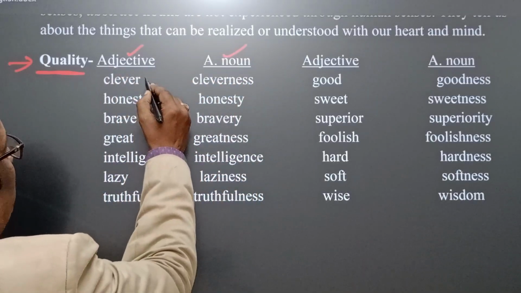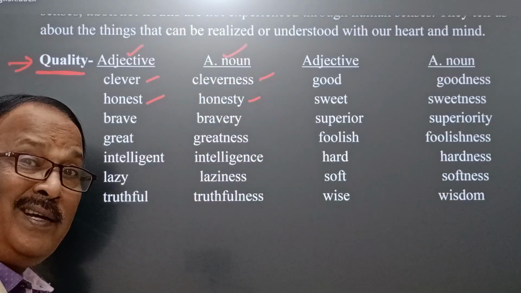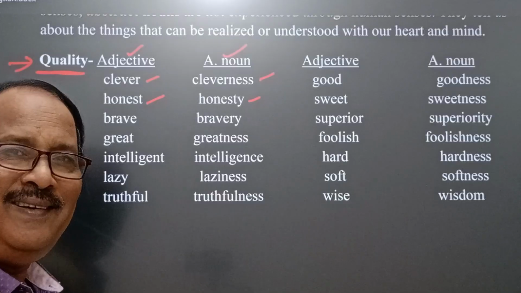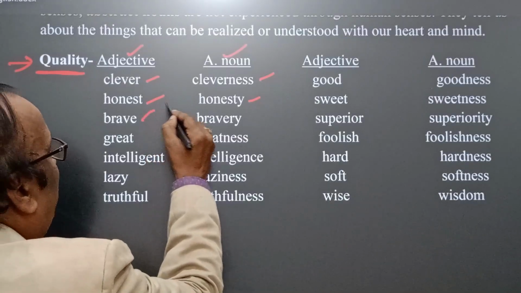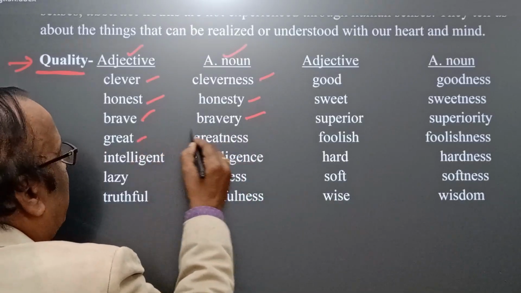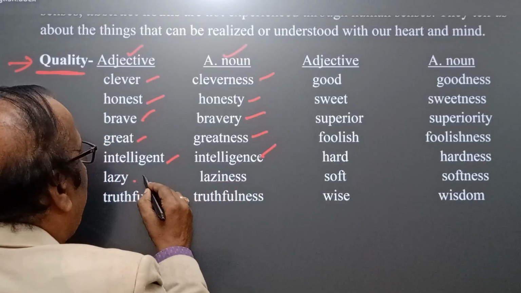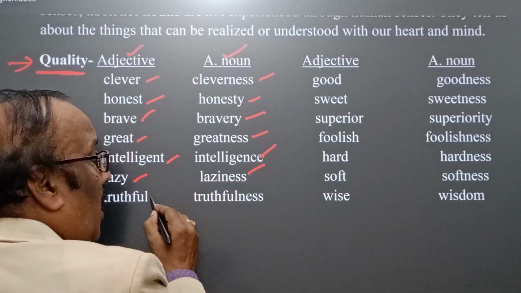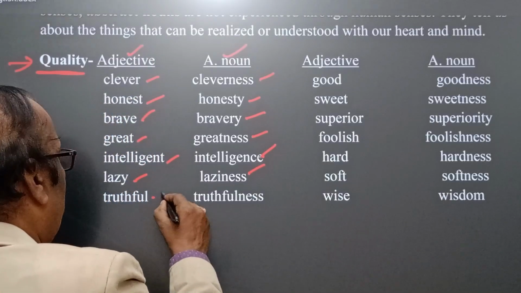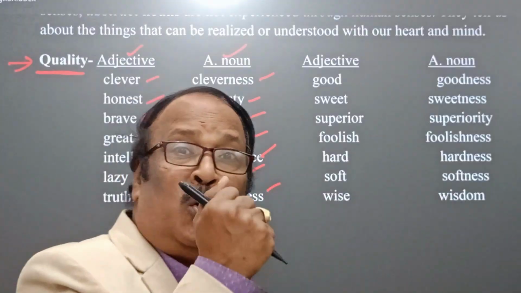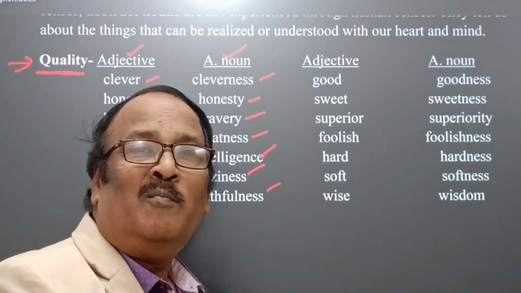Similarly, honesty is the best policy. Honesty, noun, subject form. Now, bravery, greatness, intelligence, laziness. I don't like your laziness. Yes, truthfulness was a great weapon in the hand of Mahatma Gandhi.